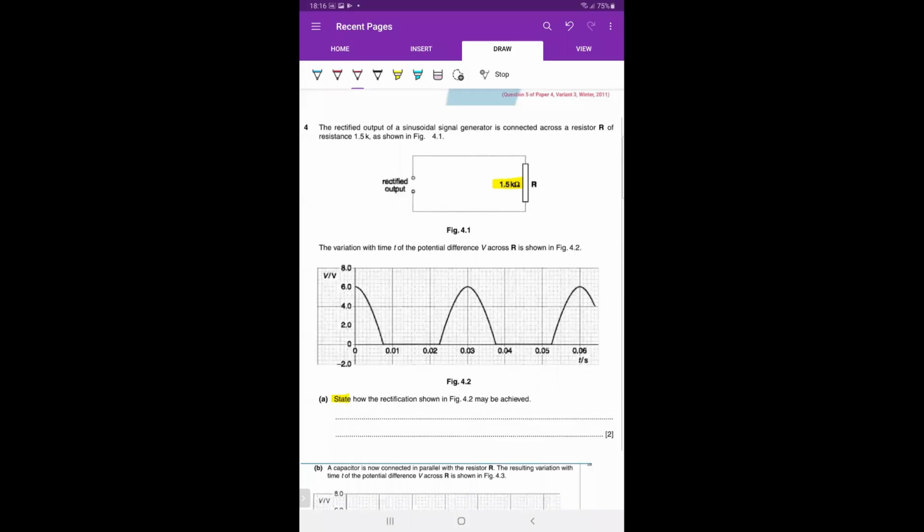ठीक है ना? So this is half wave. So half wave के लिए I don't need a combination of 4 diodes. Just by placing a single diode.